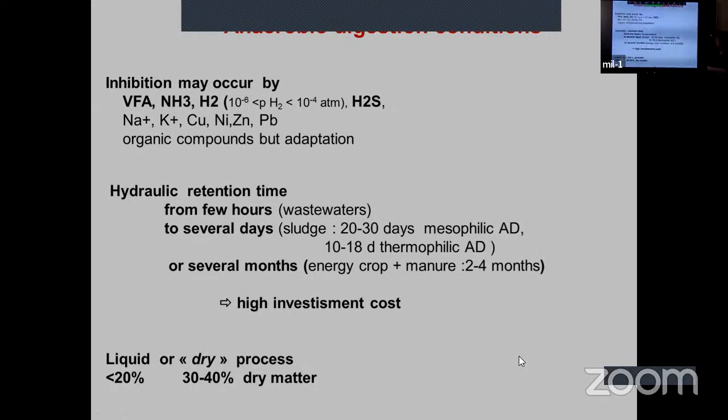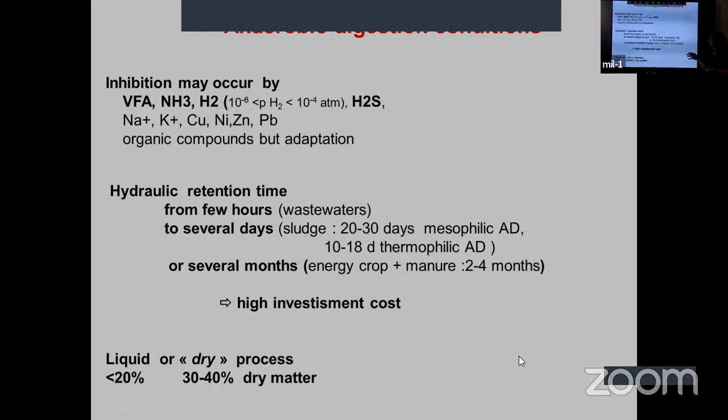The hydraulic retention time may be from a few hours in the case of wastewater to several days, for example 20 to 30 days in the case of mesophilic anaerobic digestion, or it can be lower for thermophilic, with 10 to 18 days, or some digesters have several months of retention time.